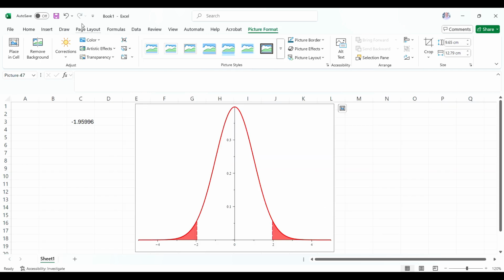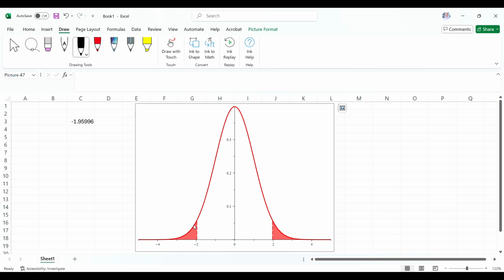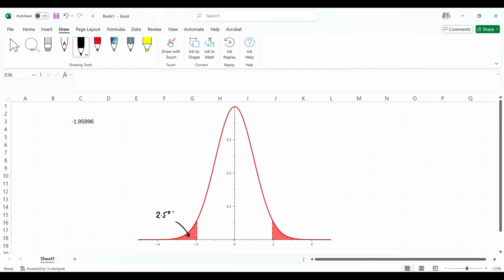Looking at this diagrammatically, we can see that if we have 2.5% of outcomes in this left-hand tail, because we've just seen that 2.5% of outcomes lie to the left of minus 1.96, we can see that that value beyond which 2.5% of outcomes lie is equal to minus 1.95996, or rounded to 2 decimal places, minus 1.96.